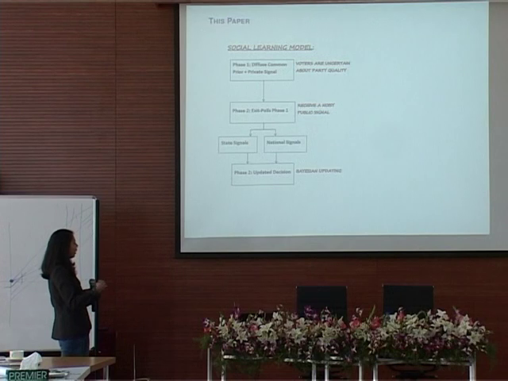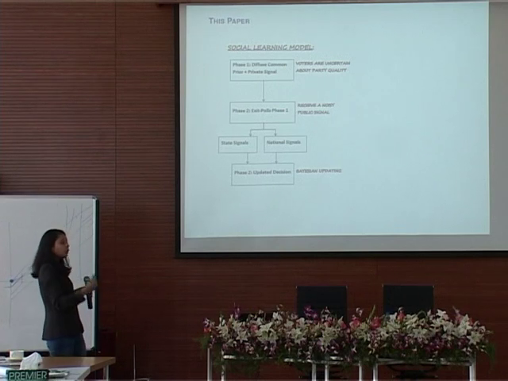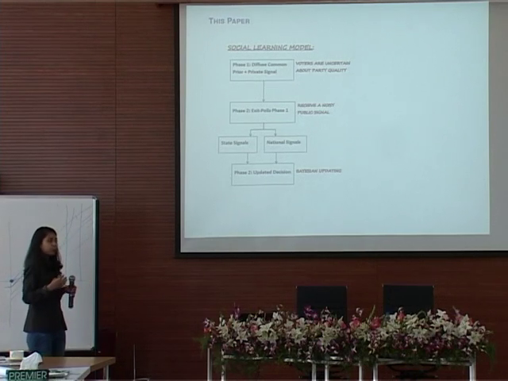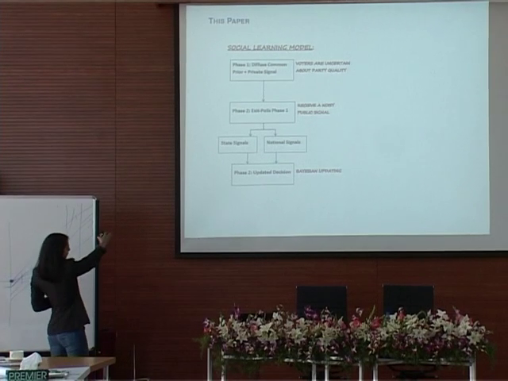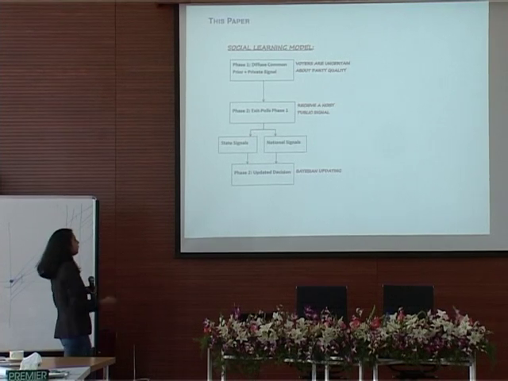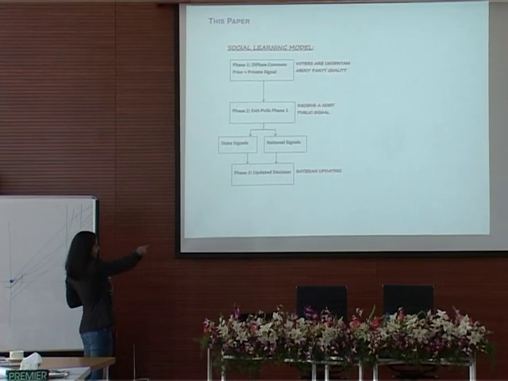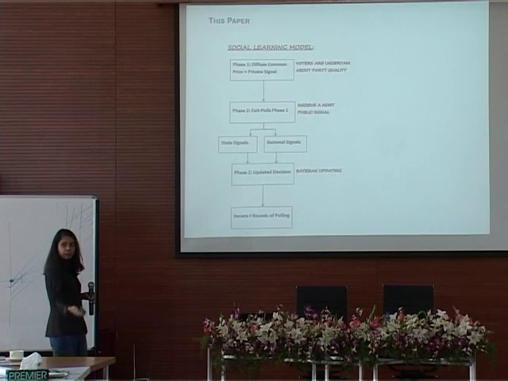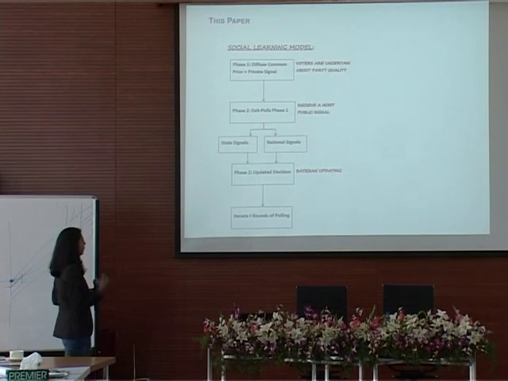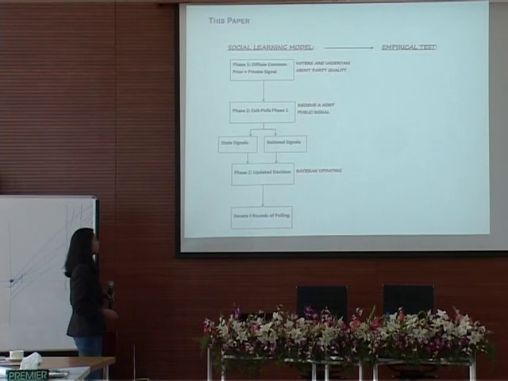In phase 2, for example, voters receive exit polls, both about their own state, about how voters in their own state have voted, but also about how voters in other states have voted. I'm going to call these state signals and national signals and distinguish between the two. Based on these signals, they reach an updated decision in a Bayesian manner. And then you can iterate this to T rounds of polling to see how the variance of this common prior evolves.